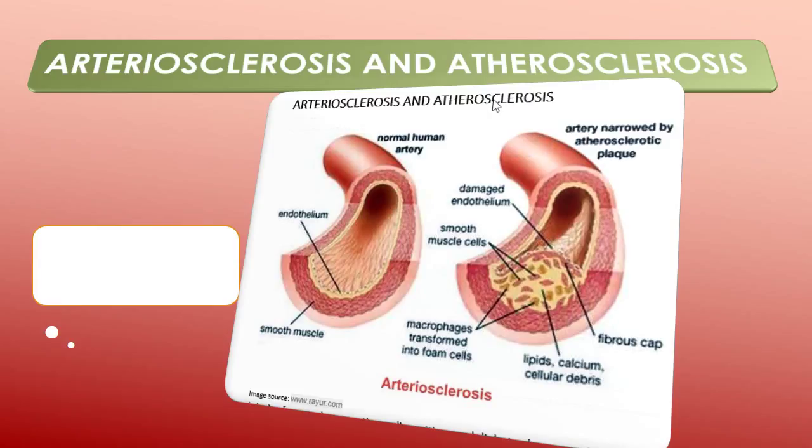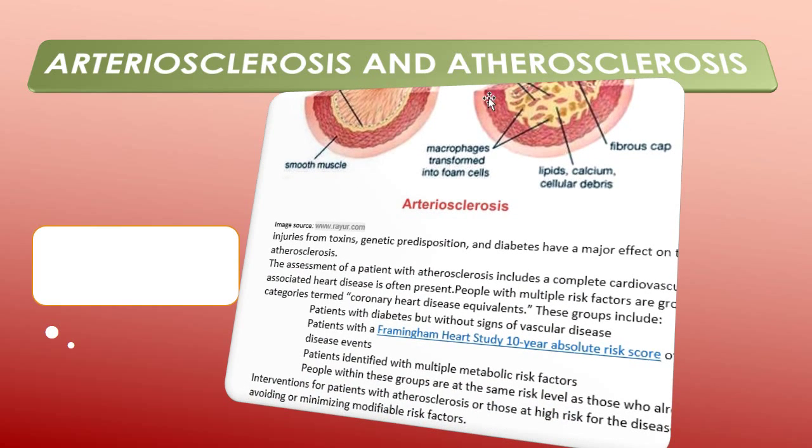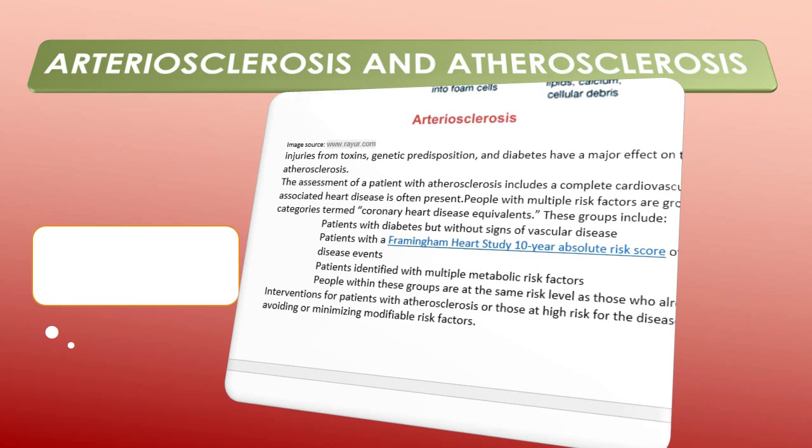People with multiple risk factors are grouped into a high risk patient category. That's called coronary disease equivalence. I have that in your notes: coronary disease, heart disease equivalents. These groups include patients with diabetes but without symptoms of vascular disease, and patients with a Framingham heart study 10-year absolute score of over 20%.